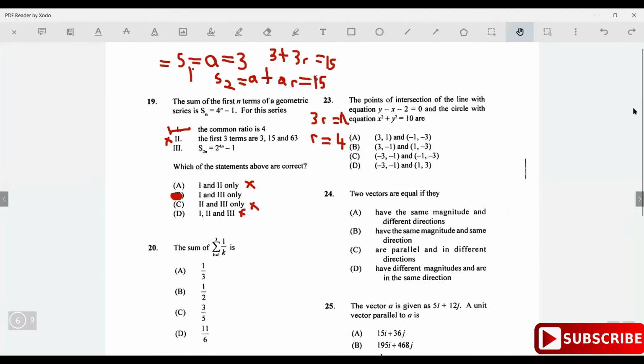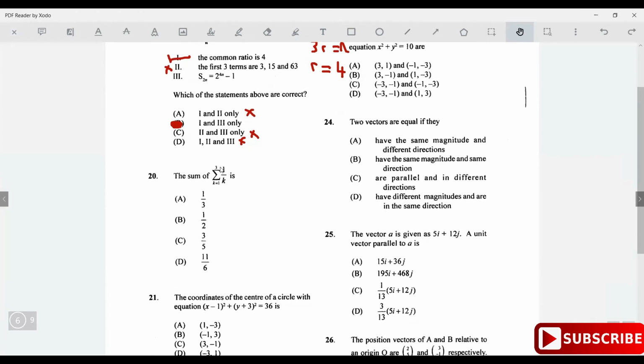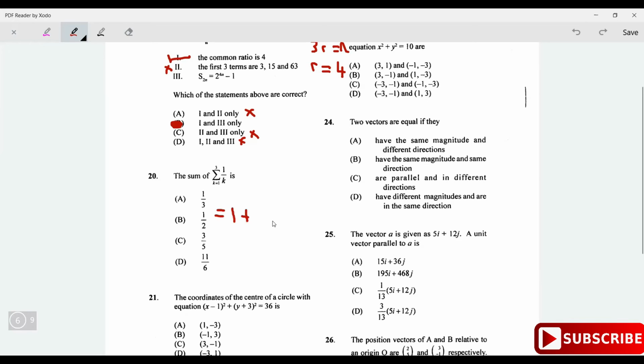Question 20 says, evaluate the sum from k equal 1 to 3 of 1 over k. So first you plug in k as 1, you're going to get 1 plus, plug in k as 2, you get 1 over 2, plus you plug in k as 3, you get 1 over 3. You add up all of those, you're going to get, I believe, 11 over 6.